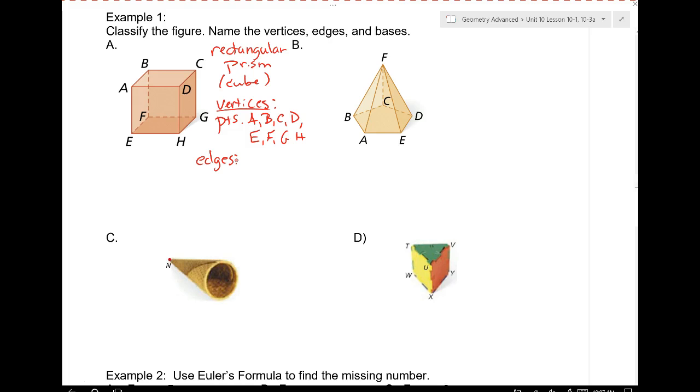I always name the horizontal ones first, and then I try to do the vertical ones. So you just go around the top: segment AB, segment BC, segment CD, and segment AD. And then I'm going to do the bottom rectangle as well: segment EF, segment FG, segment GH, and segment EH.